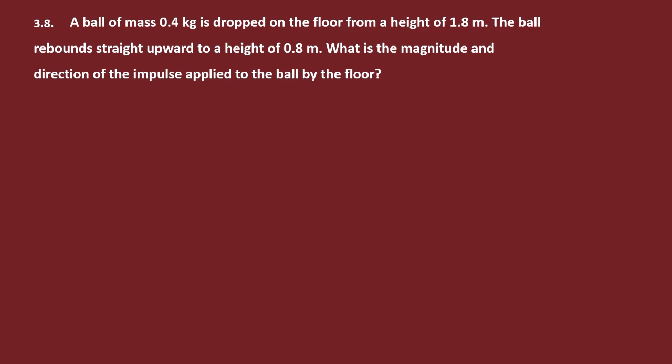Let's draw the situation, what is happening. Let it be a ball and it is dropped from some height, and this height is given, it is 1.8 meter, and here it strikes the ground and then it rebounds, it moves again upward to a certain height, and this height is also given, it rebounds to a height of 0.8 meter.